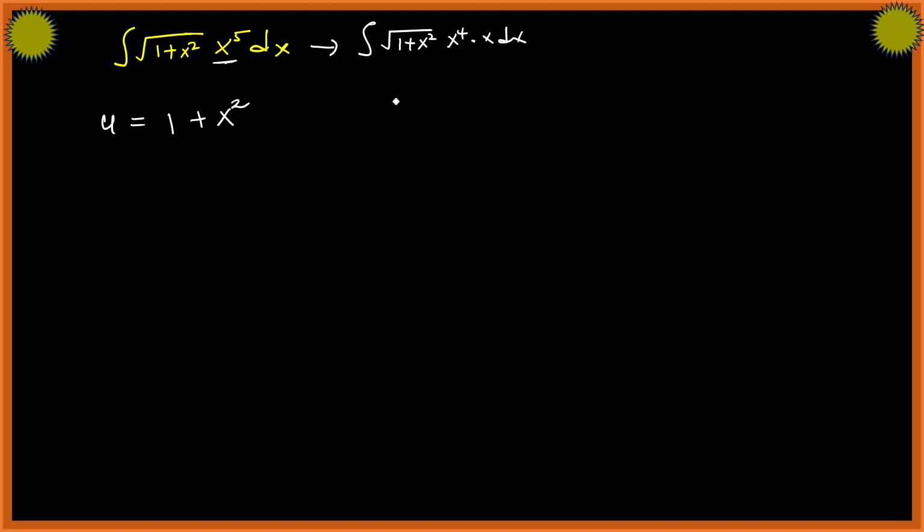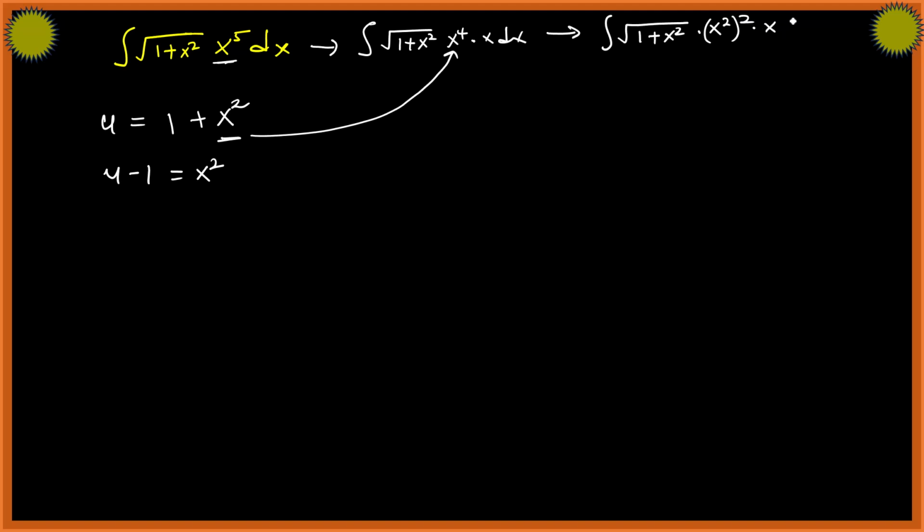Now the reason is we have x squared here and we can get x squared here, so we can say u minus 1 is the same as x squared. So I can write this one as integral of 1 plus x squared times x squared all raised to 2 times x dx.